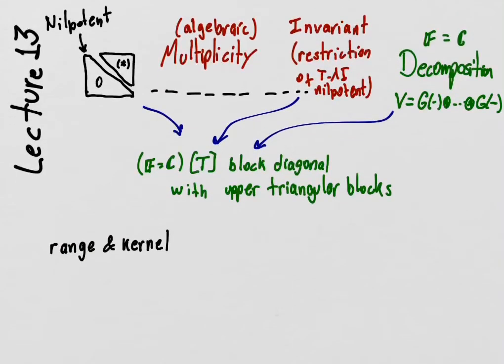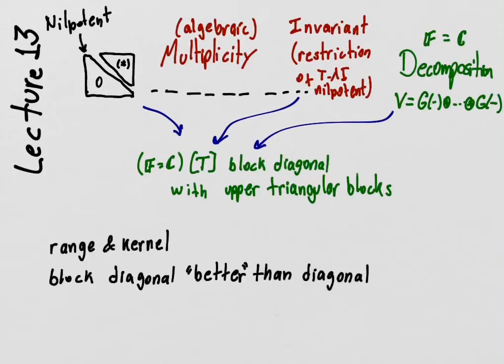Some other students mentioned that block diagonal is better than diagonal. And well, for that we need to understand what the meaning of better is. I would agree it's better because that's all we can have. We have block diagonal, and as we know, not every operator can be put in diagonal form.